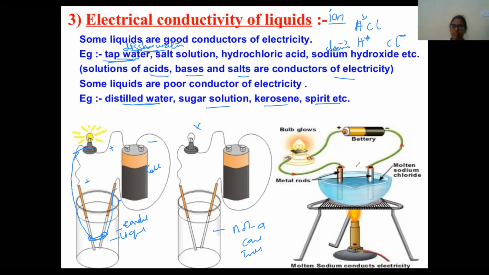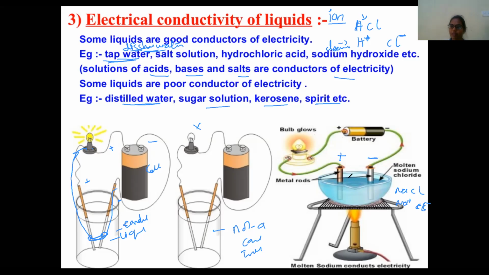And now see in the third solution, molten sodium chloride, NaCl. When they boil it, what happens? When you pass electricity using the cell, it is going to dissociate. Na plus and Cl minus ions are going to spread. When they split, imagine this is a positive terminal and this is a negative terminal.